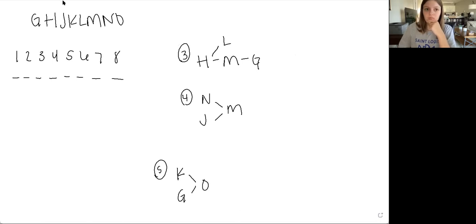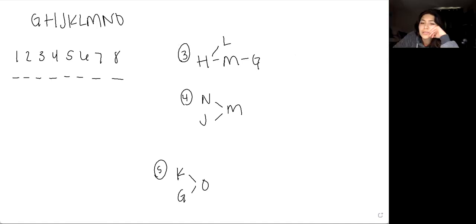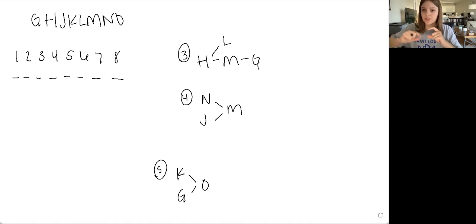Okay. So think about again, if we're just moving our M, does the placement of N and J change at all? It shouldn't, right, because we're just moving that M. So those lines between N and J are just going to extend. Does that make sense? Yes.